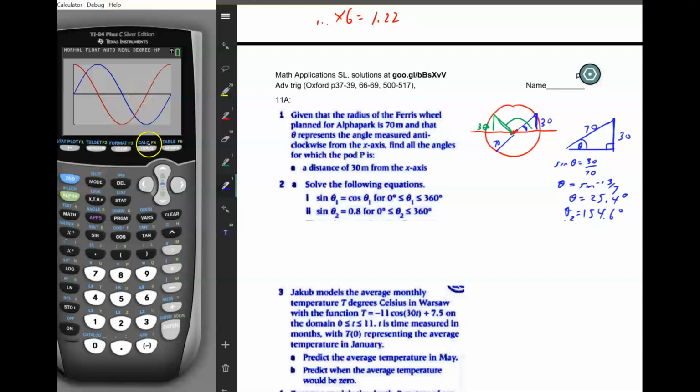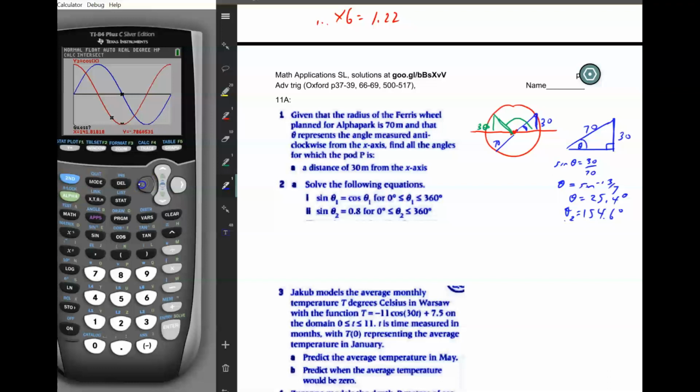We do second calc intersect, which is number 5. And then it says first curve is the blue one, yes. Second curve is the red one, yes. And what's your guess? We're going to take our cursor and put it closer to the first intersection.